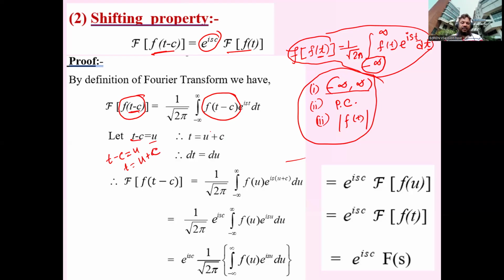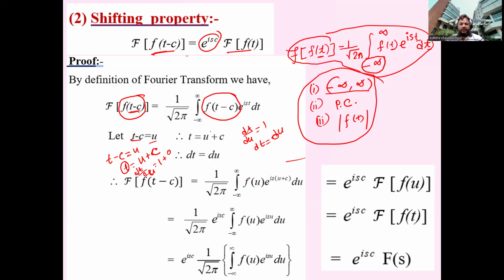Now if we take differentiation with respect to u, we can write dt/du will be 1 plus 0. That is dt/du equals 1. So we can write dt equals du.